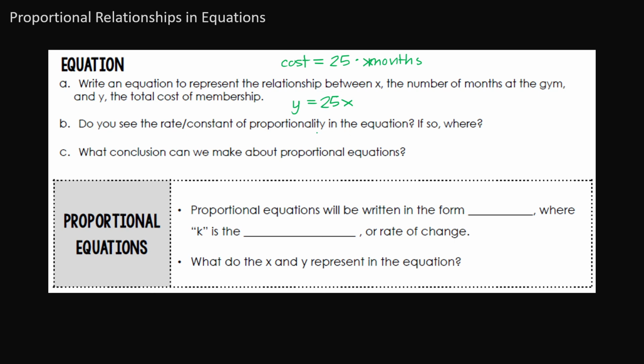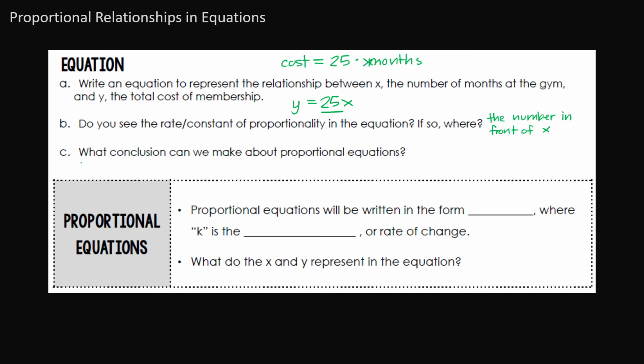The constant of proportionality is in the equation already. It's the number in front of x. Right here. And what conclusion can we make about proportional equations?